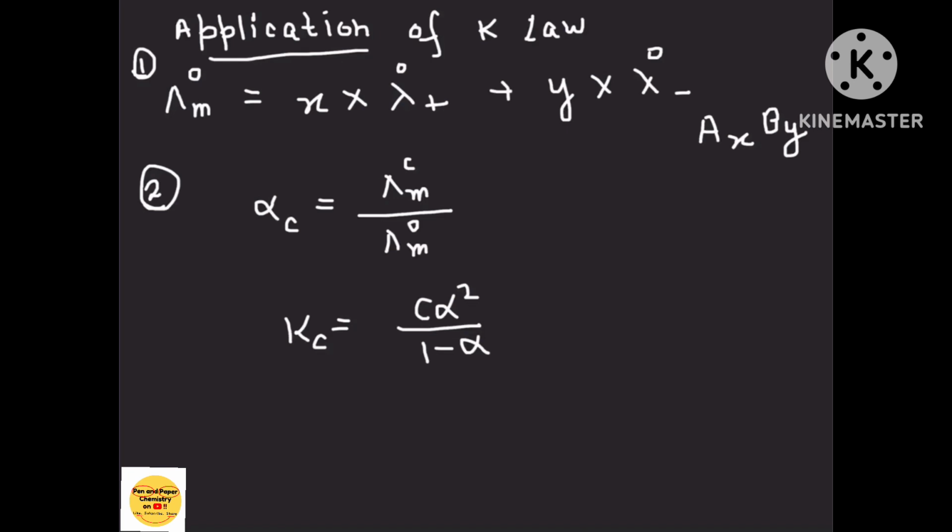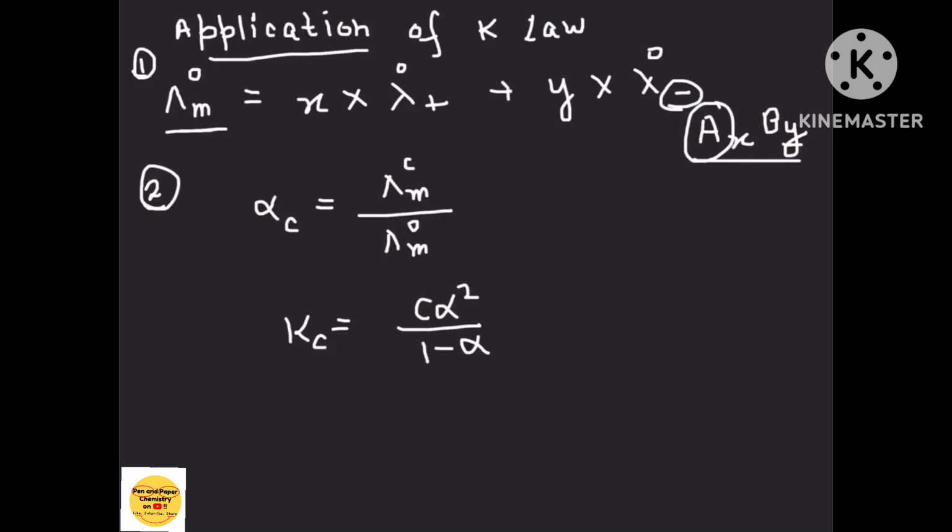So Kohlrausch law, first of all, helps us to determine the molar conductivity of weak electrolytes at infinite dilution. If I have an electrolyte of the type AxBy, the molar conductivity is x times the ionic conductivity of the cation, so that's why I put a plus sign over here, plus y times the ionic conductivity of the anion. Second, it helps you to determine the degree of ionization.